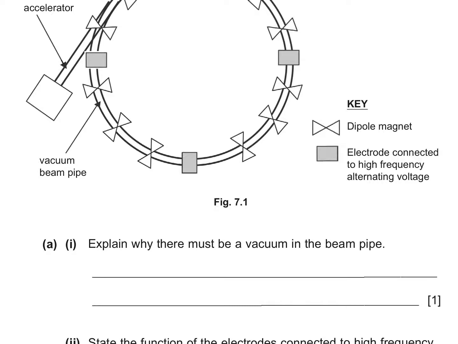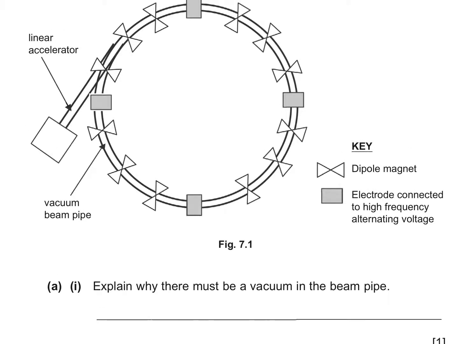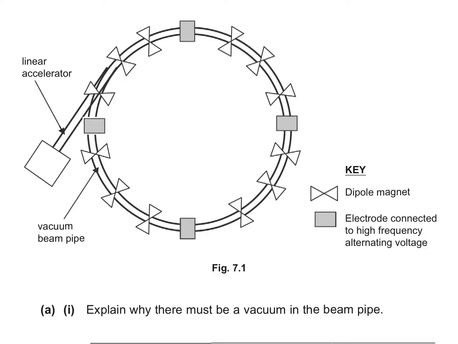So, A1, explain why there must be a vacuum in the beam pipe. And obviously, we're trying to accelerate these particles, and if the beam was constantly colliding with gas atoms because of the presence of a gas in the beam tube, then we would have to be supplying more and more energy.